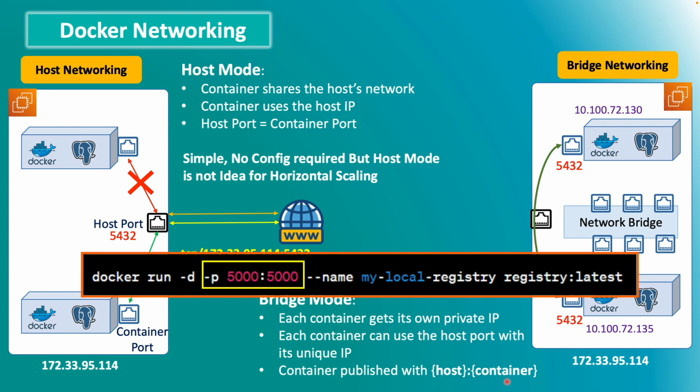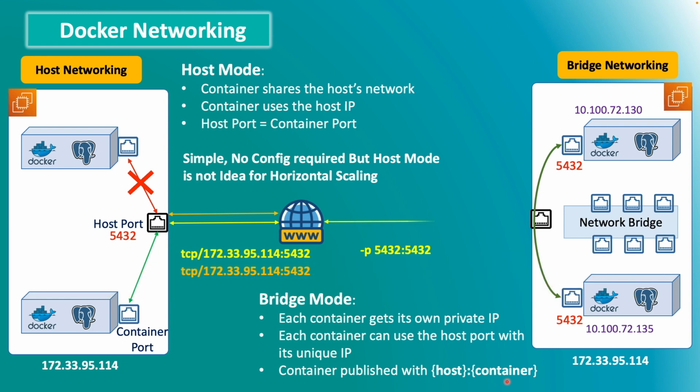If you remember, when we discussed local Docker registry, we used this terminology. Now, when the internet traffic is coming in on port 5432:5432, as every container will have its own private IP, the network bridge will route the traffic to container 1.